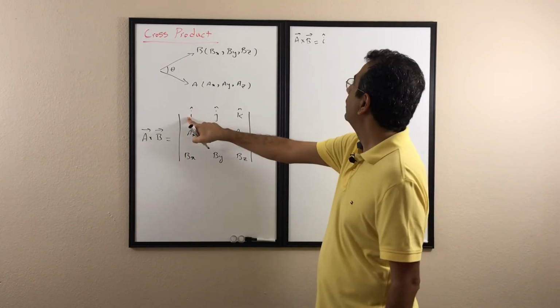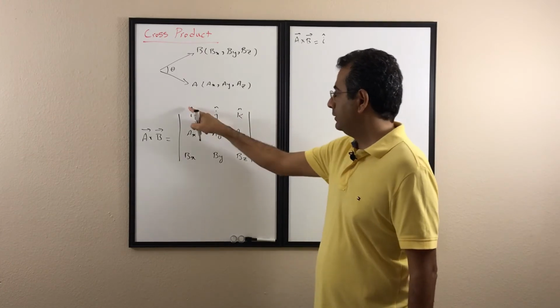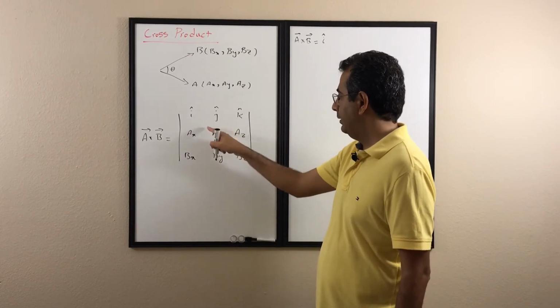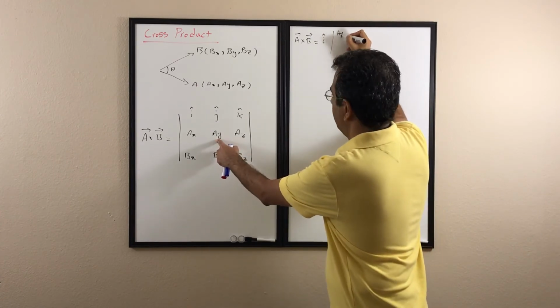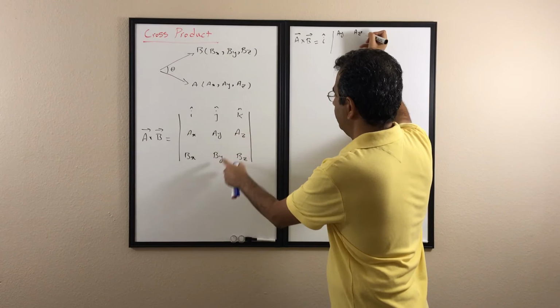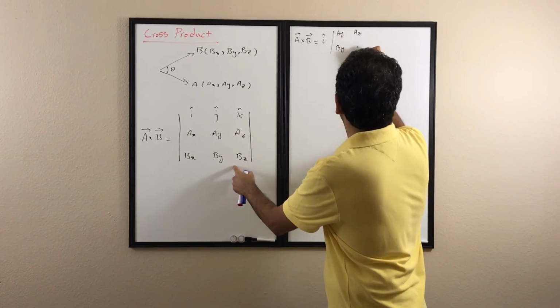So I write I, delete the first row and first column, and whatever is left is AY, AZ, BY, and BZ.